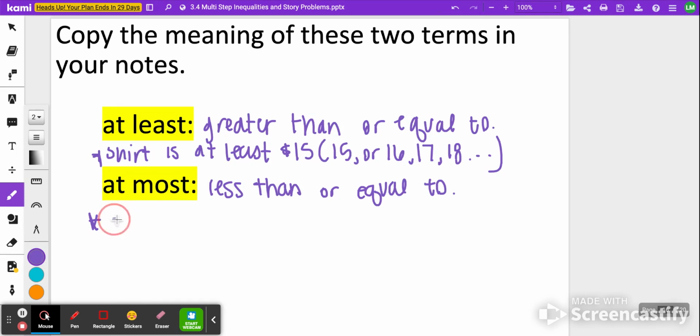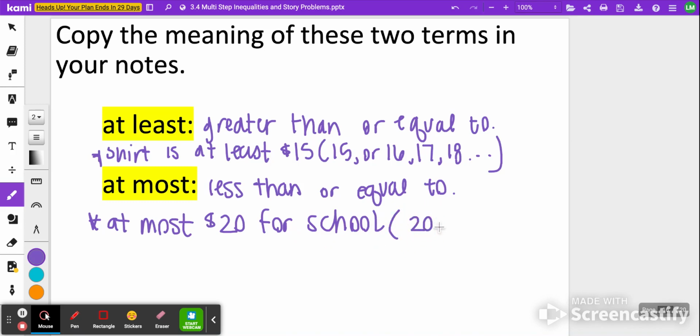When you say at most $20 for school, that means your mom is thinking, okay, I need to know it's 20 or less than that. It could be 19, it could be 18, it could be 17, etc. Okay, so at most and at least are two different things.